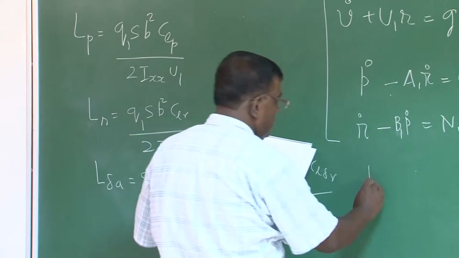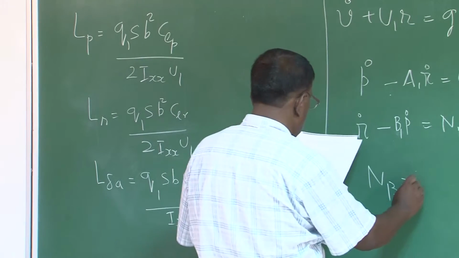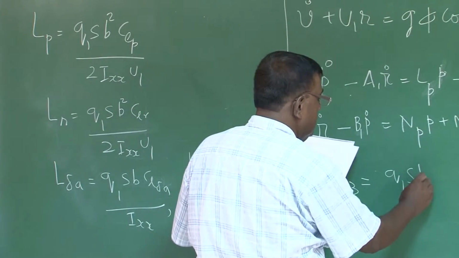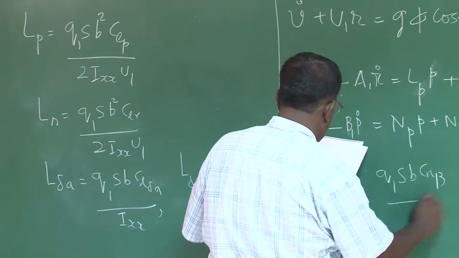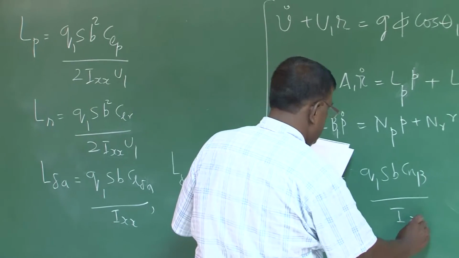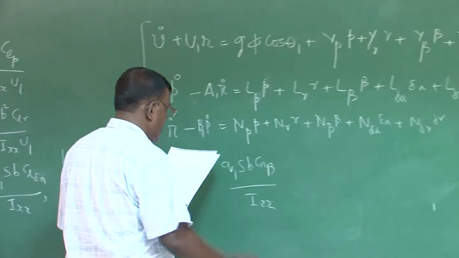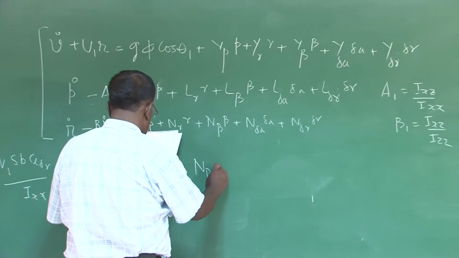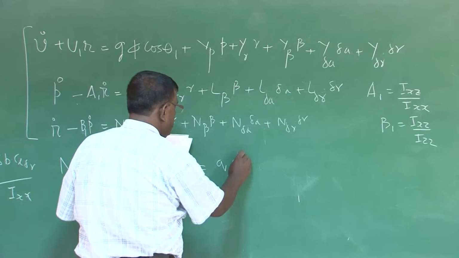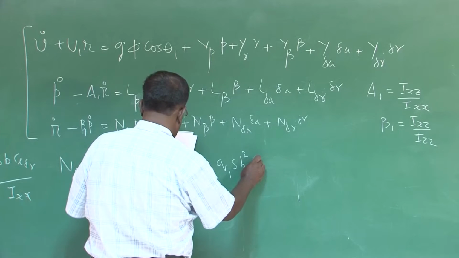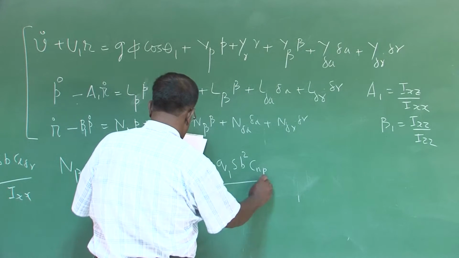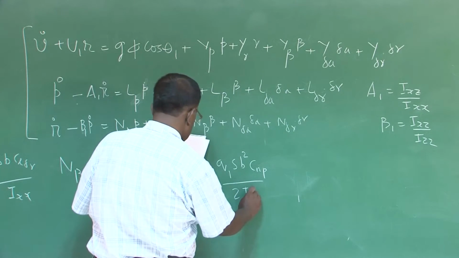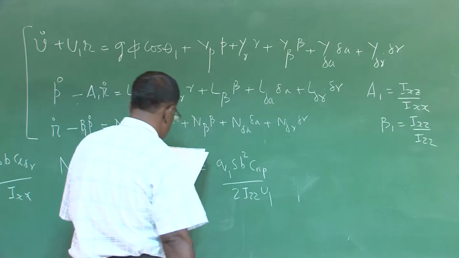Then N beta will be equal to Q1 S b, very simple, you could see that, CN beta by Izz. Then Np will be Q1 S b square CNp by 2 Izz U1.